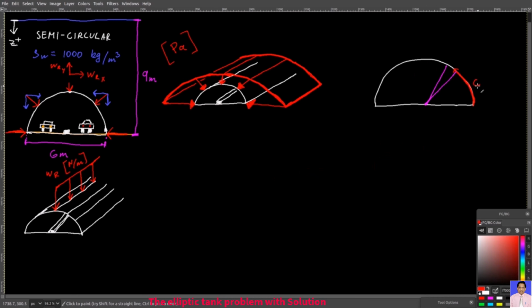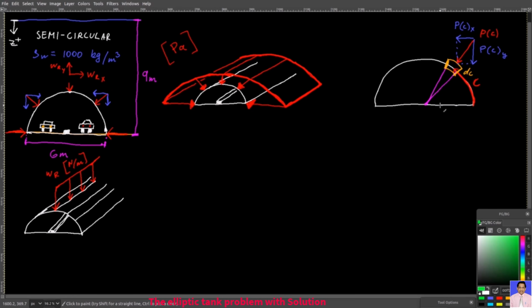At any given circumference, you have a differential dC, a differential circumference, and it experiences pressure as a function of C, as a function of circumference. This pressure as a function of C has two components, the X component and the Y component.